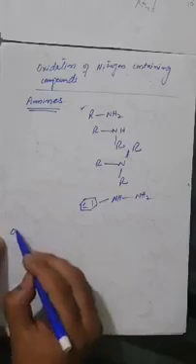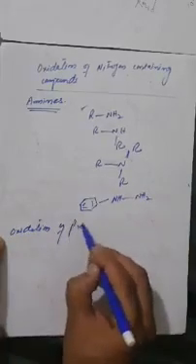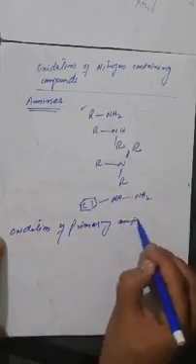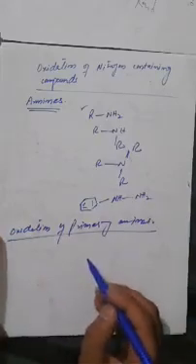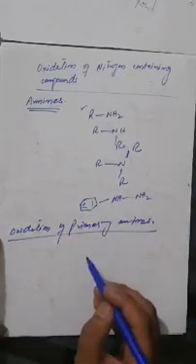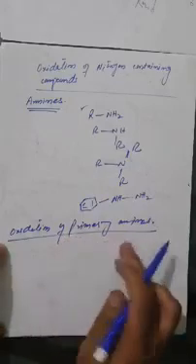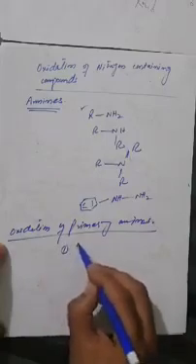Let's take first the primary amines. Oxidation of primary amines. We will talk about the oxidizing agents that are commonly used for the oxidation of primary amines. Number one is hydrogen peroxide.